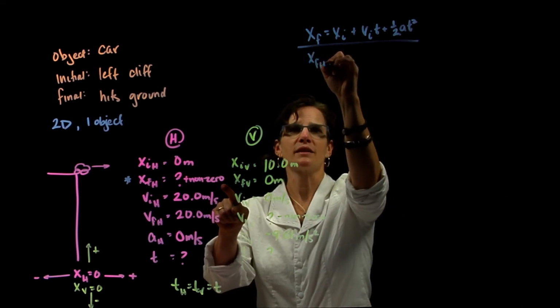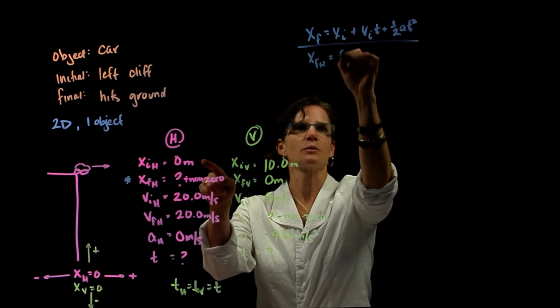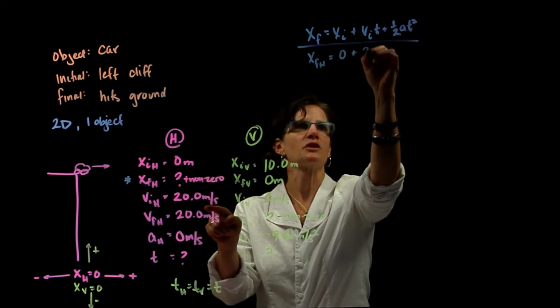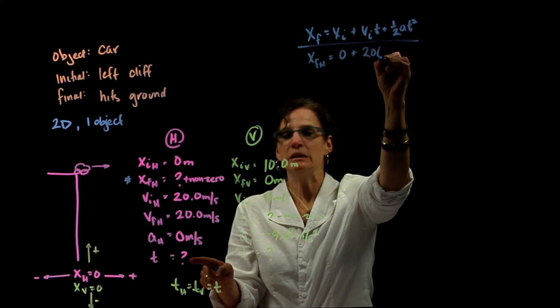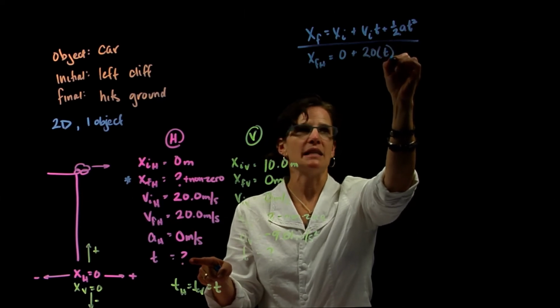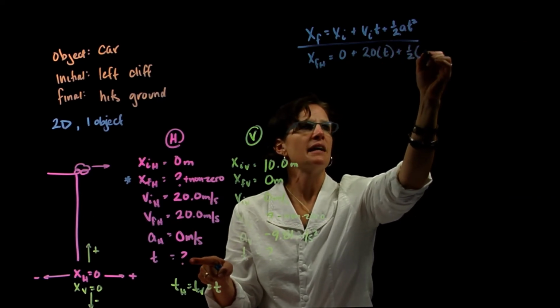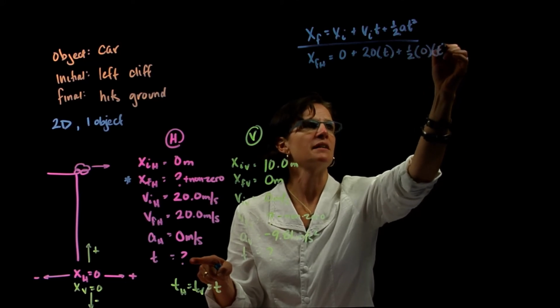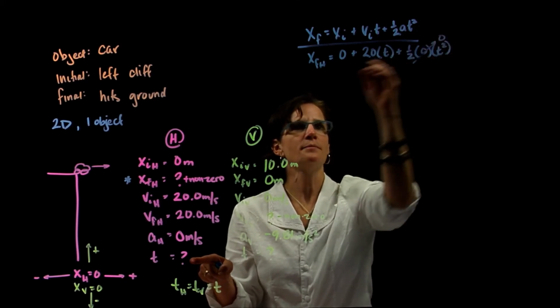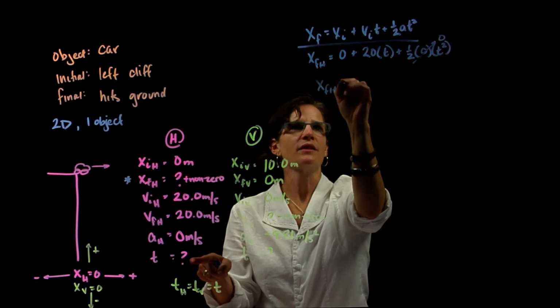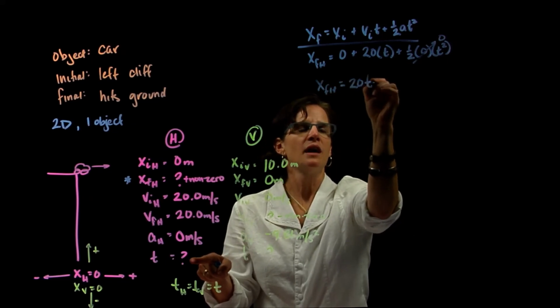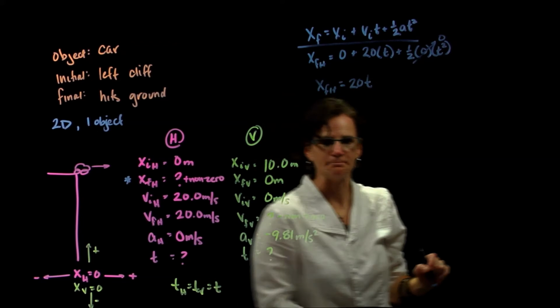X final horizontal is equal to x initial, which is 0, plus v initial, which is 20, times t, question mark, so I'm going to leave that at t, plus 1/2, 0, times t squared. And this term goes away, and I'm left with a final position that's dependent on time.